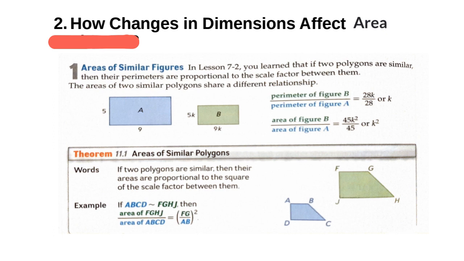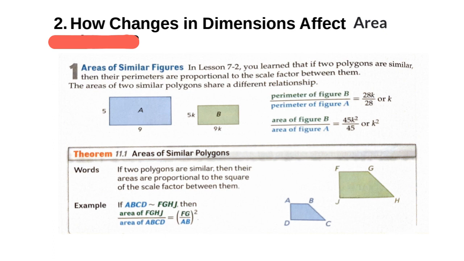So then the ratio of the perimeter of rectangle B to rectangle A is 28k over 28, which can be simplified to k. So we know that k in this case is the scale factor. Now what if we do the same thing for the area?